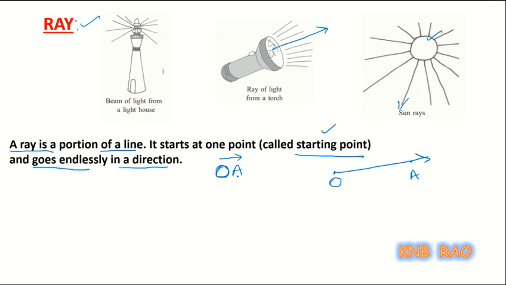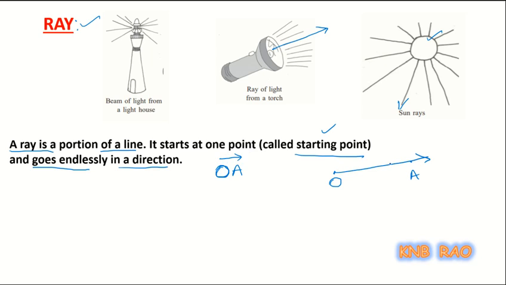And we show it like this, ray OA, ray OA, and you cannot reverse the letters. You cannot call it ray AO. It must start with the starting point only. The starting point should be the first letter while naming it, ray OA.